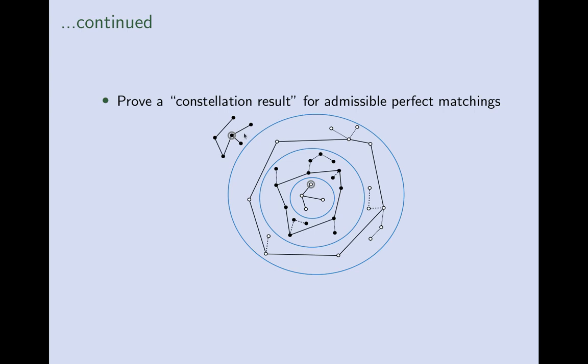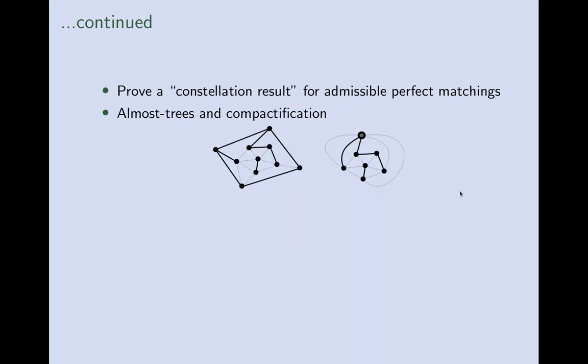So all perfect and admissible matchings induce in their black and white subgraphs this sort of constellation of subgraphs, which have exactly one component which is a tree, and all other components are pseudo trees.